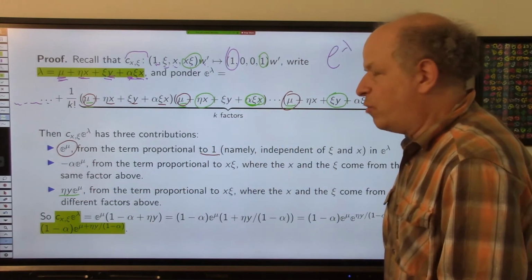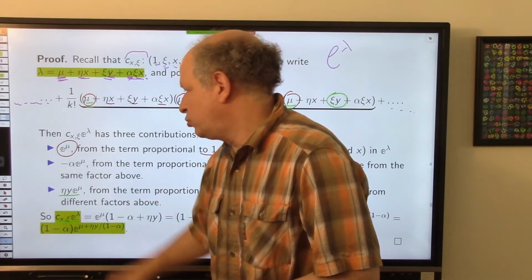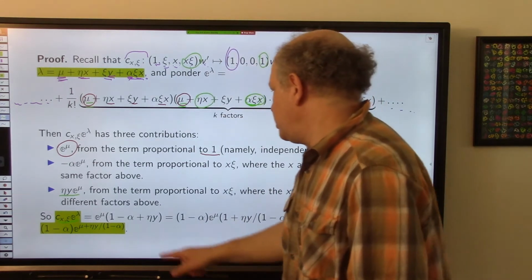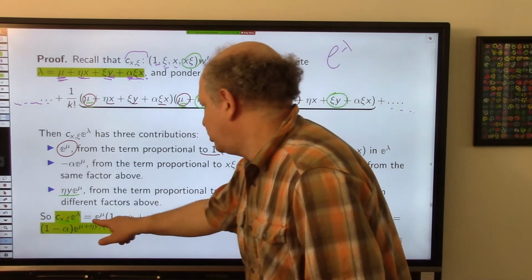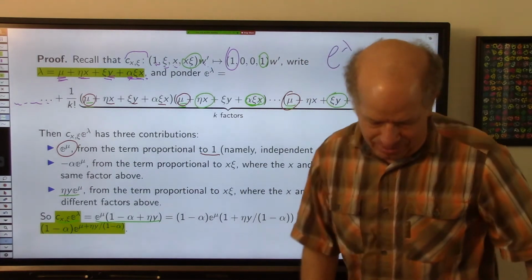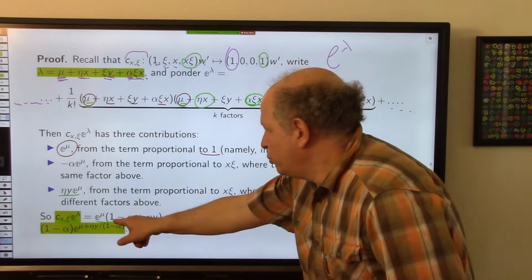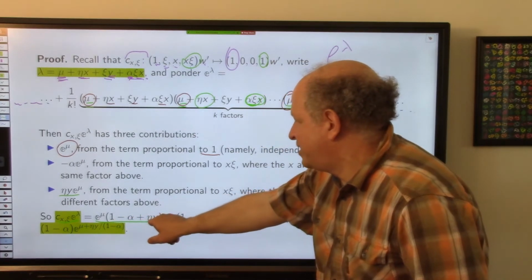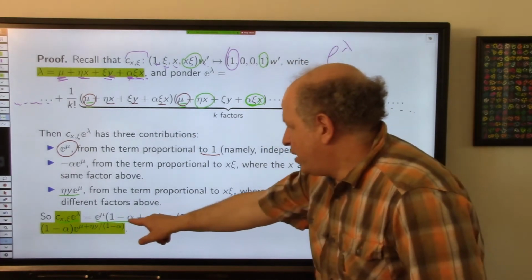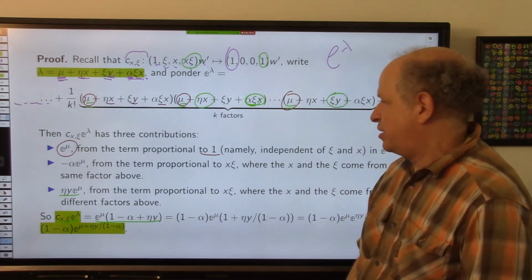So the overall result is that the contraction of e to the lambda is the sum of these three terms, which is written here. And now comes something clever. So this is e to the mu times 1 minus alpha plus eta y. Remember, alpha is a scalar, eta and y are linear, so this is again a quadratic.